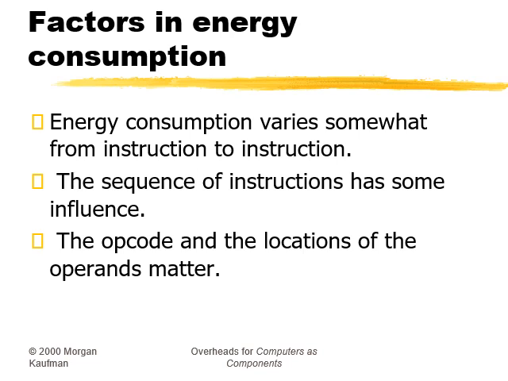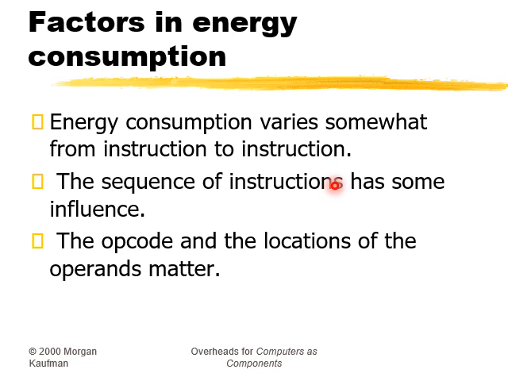So what are the factors in energy consumption? These are the three factors that will greatly affect the energy consumption of a program. Number one, energy consumption varies somewhat from instruction to instruction, so it depends upon your instruction. It also varies with the sequence of instructions.